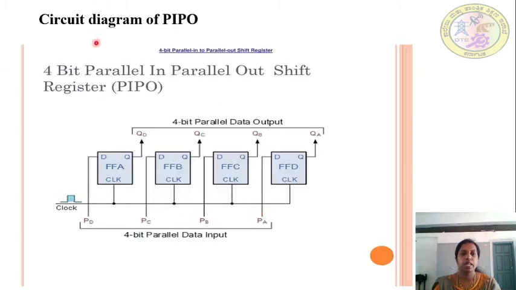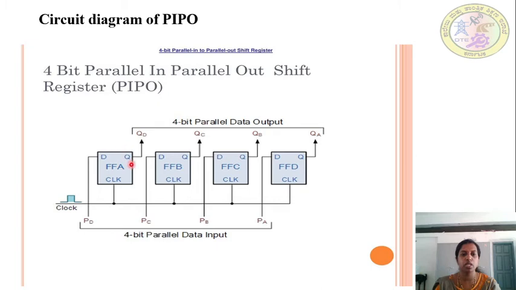Next we see the circuit diagram of PIPO. We have a 4-bit parallel data input, that is PD, PC, PB, PA, and a 4-bit parallel data output, that is QD, QC, QB and QA. It is connected with 4 D flip-flops FFA, B, C and D, and the corresponding input is connected to the corresponding output.